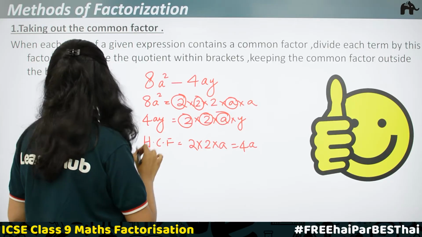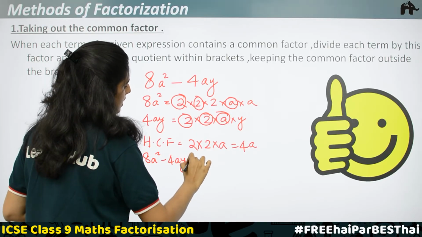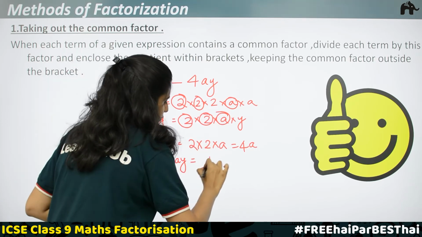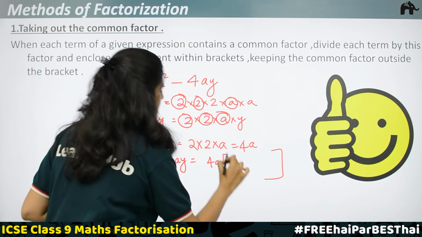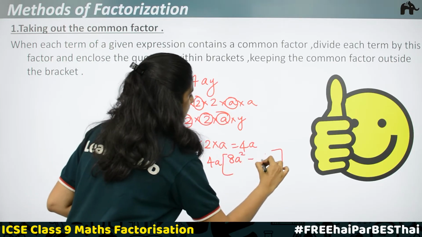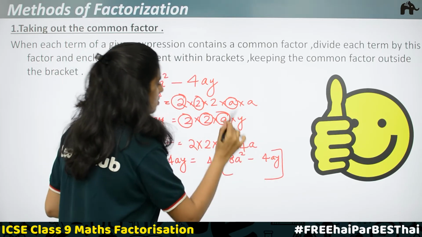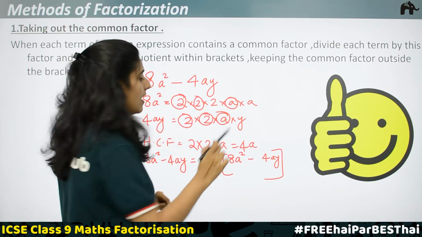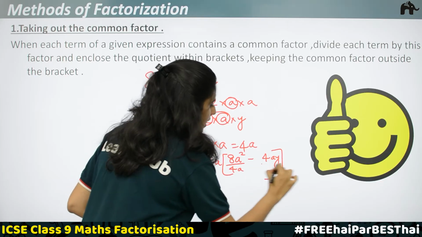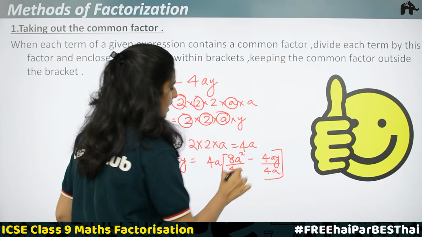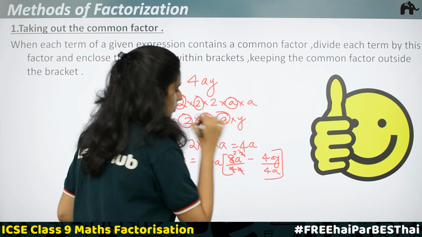Next step, we have 8a square minus 4ay. This is equal to, write the HCF first, and inside the brackets, write the terms, that is 8a square minus 4ay. Next, divide both of these terms by the HCF that we got. Here we have 4a, so divide by 4a, again divide by 4a. A and the square can be removed, and from 4 and 8 we get 2 here.